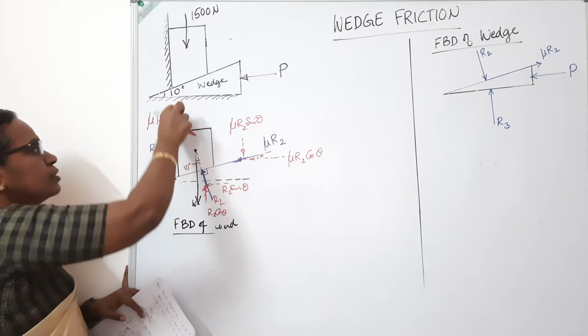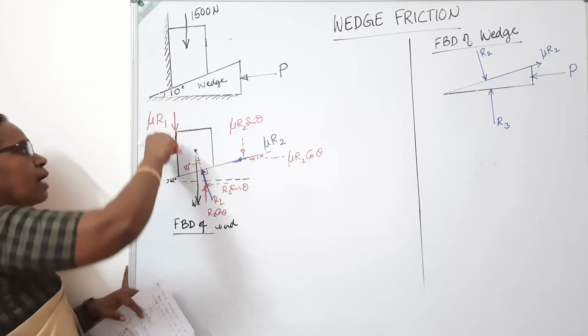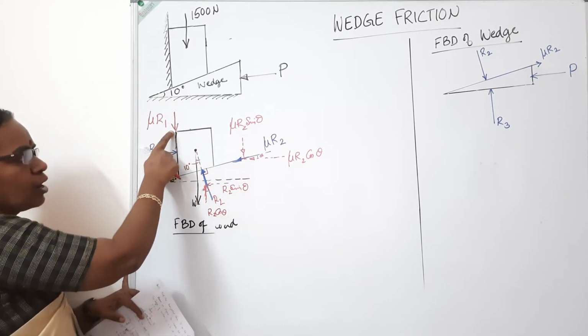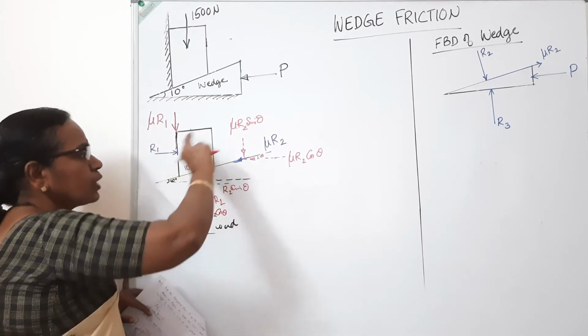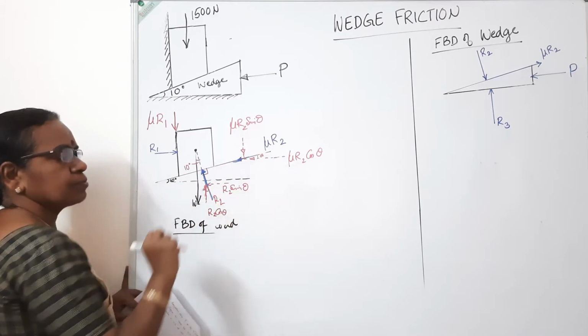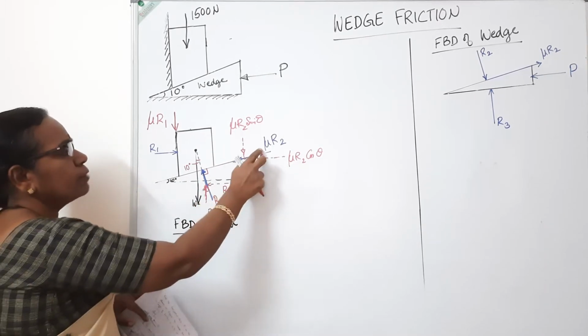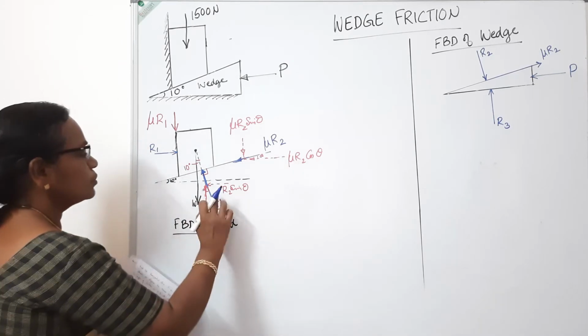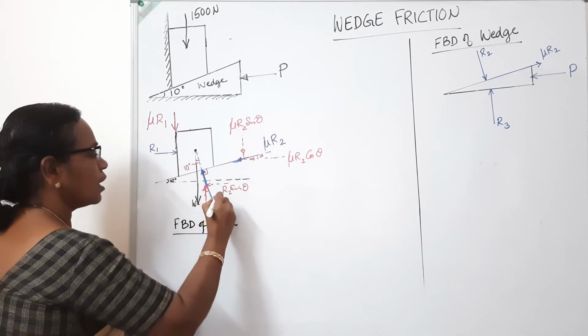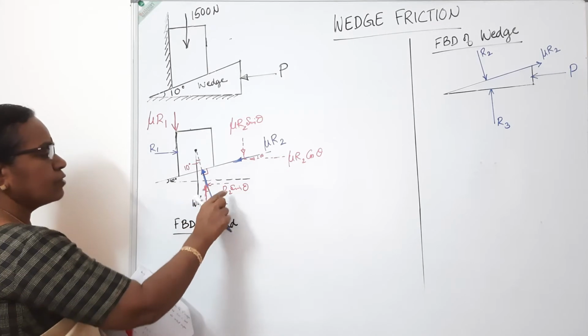Then frictional force. This block is moving up, so frictional force is acting down, mu R1 along this vertical line. Here the block is moving up, so the frictional force is mu R2. So R2 and mu R2 are 2 inclined forces and those inclined forces are resolved into 2 components.